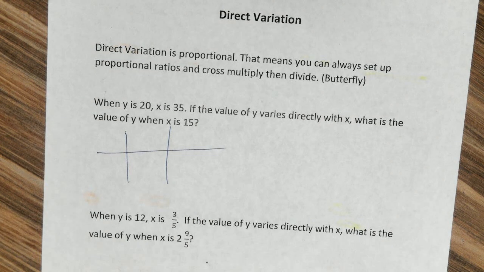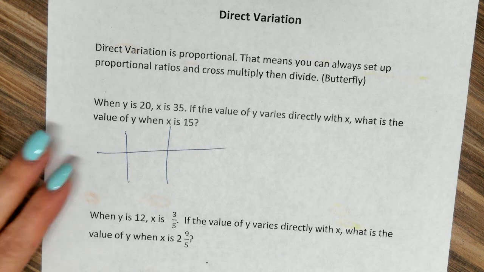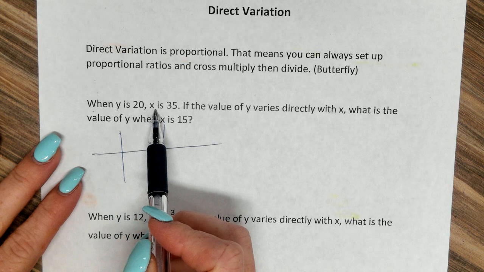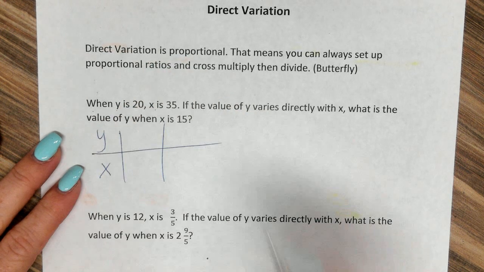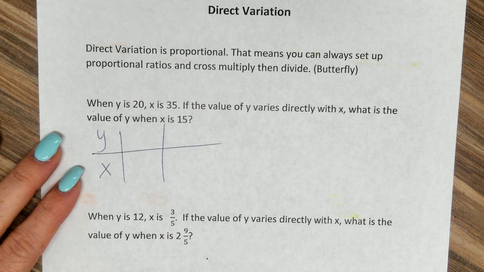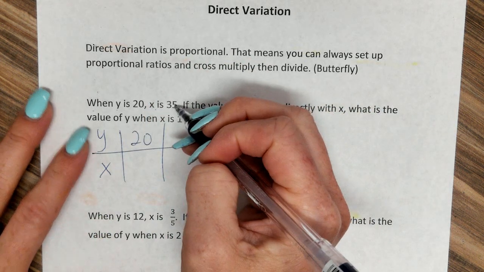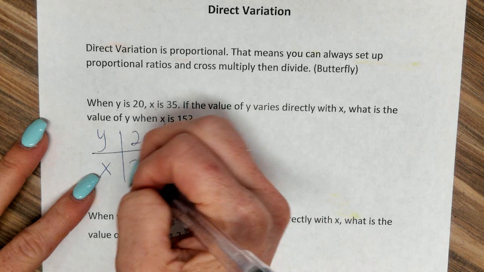You just draw a line with 2 slashes through it. And then you label what they're comparing. What are they comparing in this one? Y and x, so I'm going to put y in one spot and x in another spot.